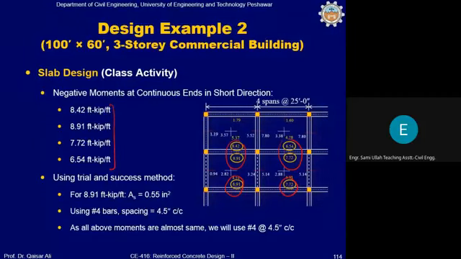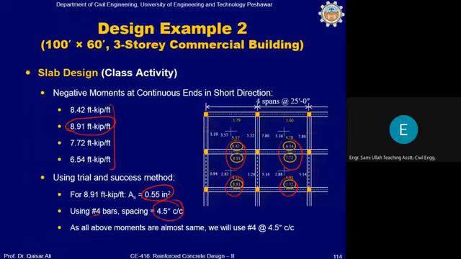Now, if we take this maximum moment and we design for this moment, the reinforcement coming is 0.55 inch square, and for number 4 bar the spacing coming is 4.5 inch center to center.